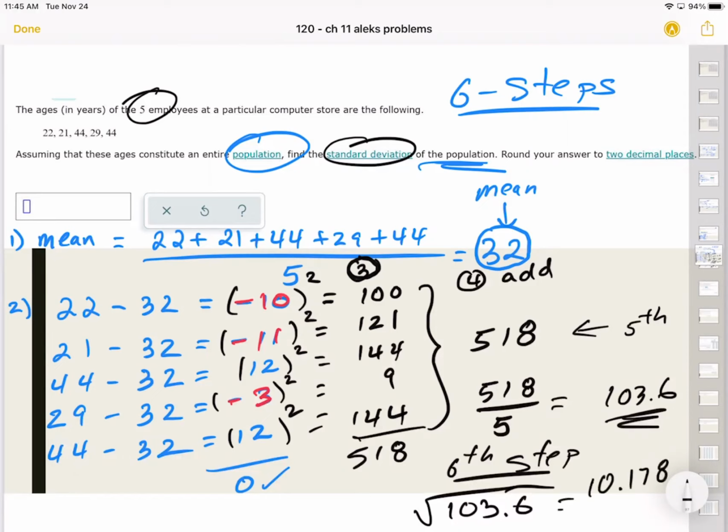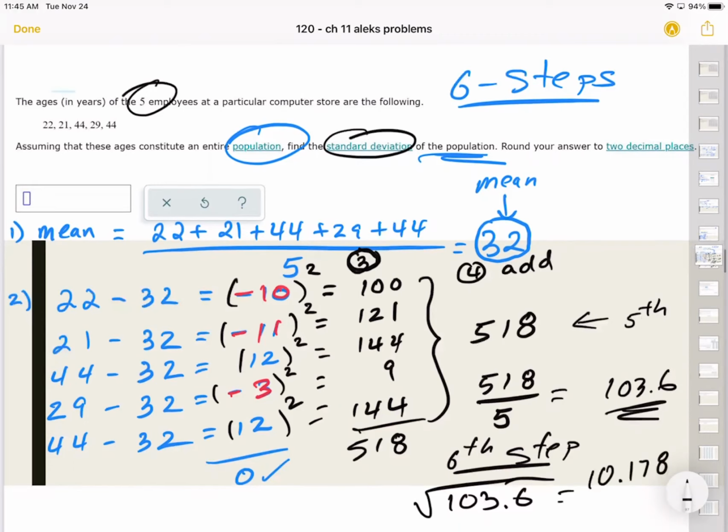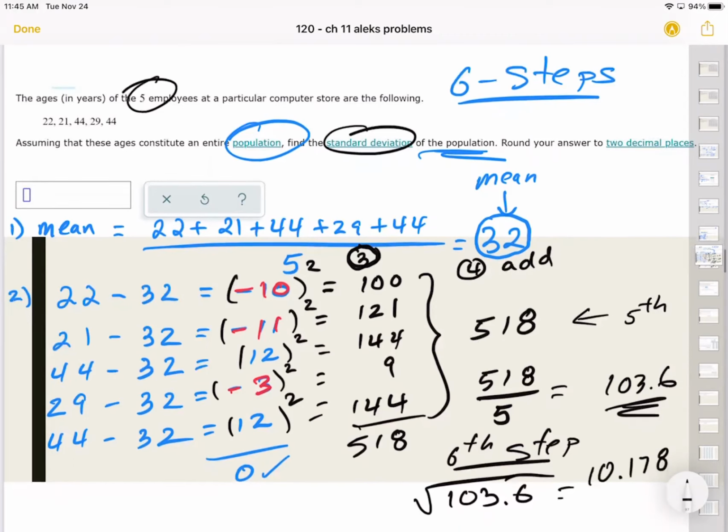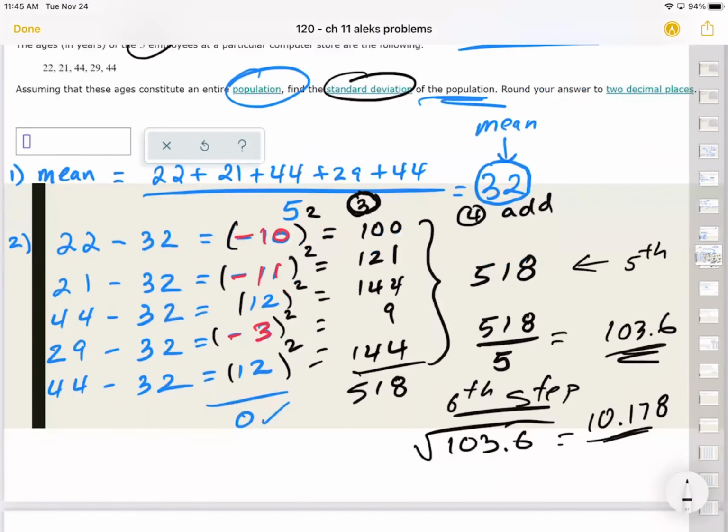So probably 10.18, or depending on what they ask you. But this is the sixth step that you need to do to find your standard deviation. You need to find the mean. You need to find the deviation. You need to square the deviation. You need to add all of the squares up, divided by n, because it's a population. Because it's a population, you divide it by n, and then you take a square root.